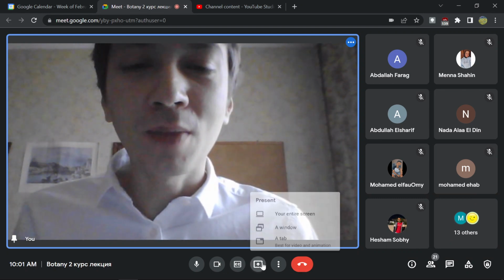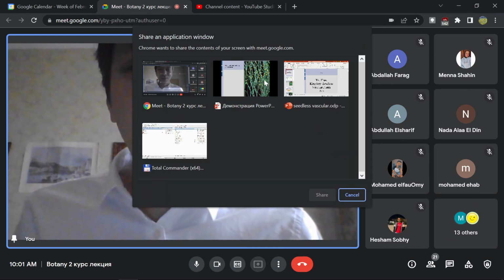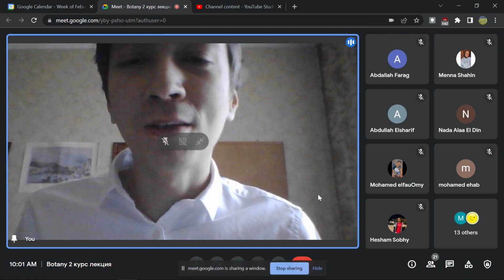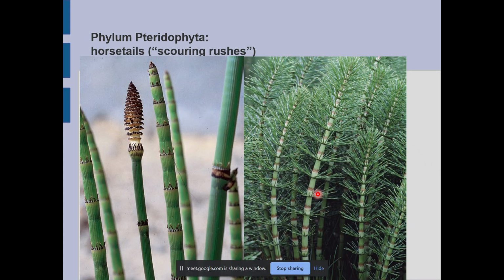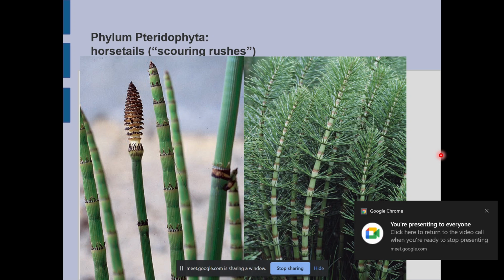And the other ferns look like scouring rushes.